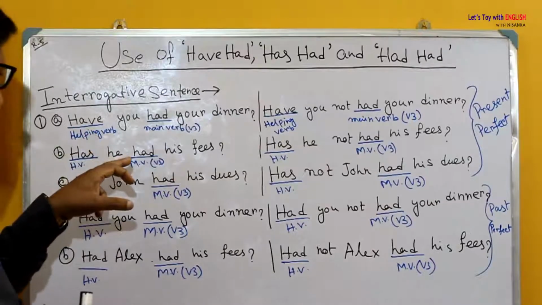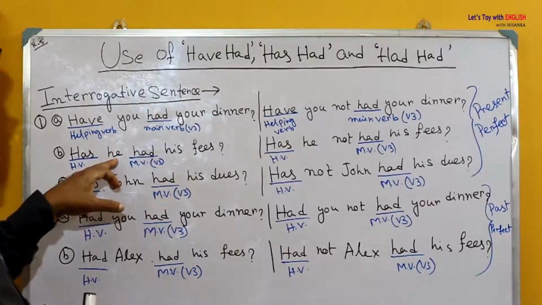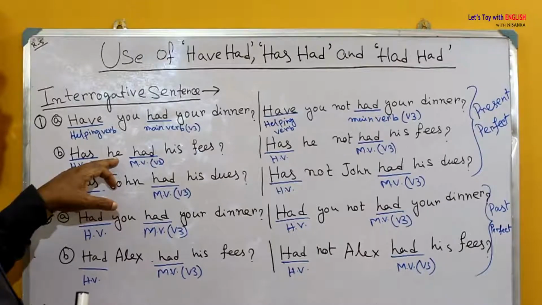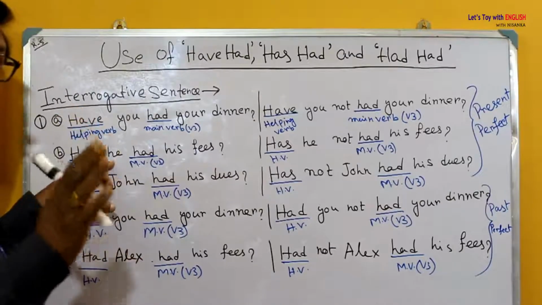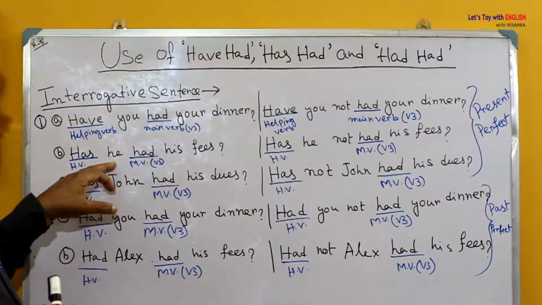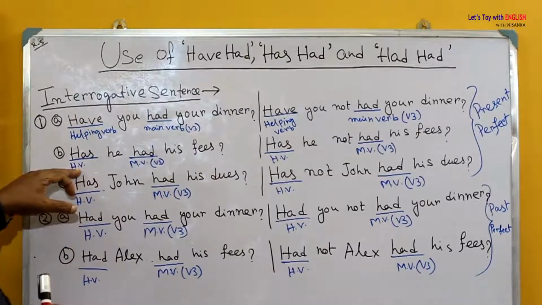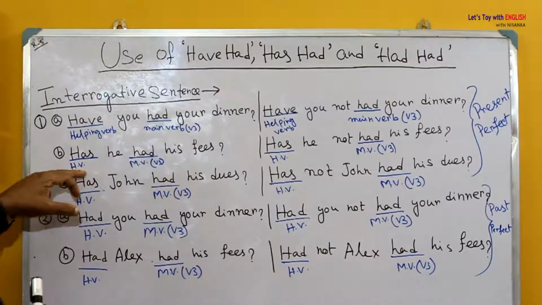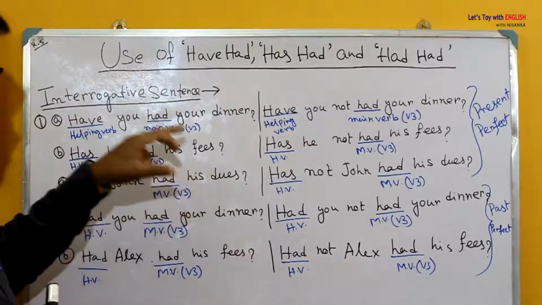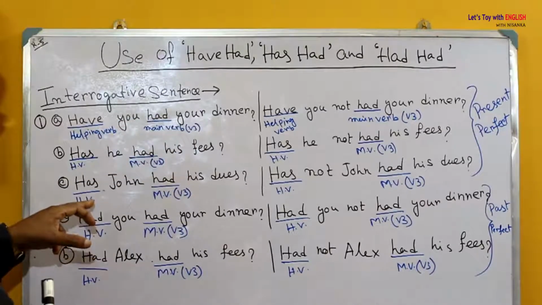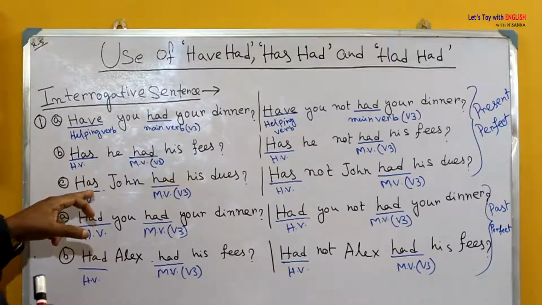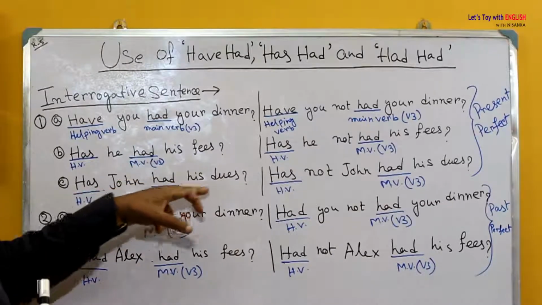But if the subject is in singular form and that too in third person singular number, then the helping verb will be has. Has he had his fees? Next one, has John had his dues?